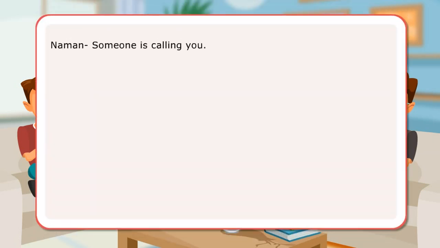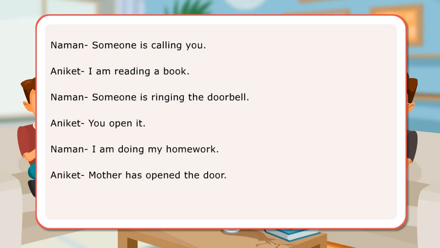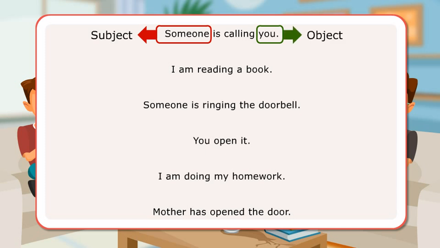In the dialogues, the boys have used sentences that have a doer of the action and also a receiver of the action. These are examples of subject and object in the conversation. Someone, subject. You, object. I, subject.